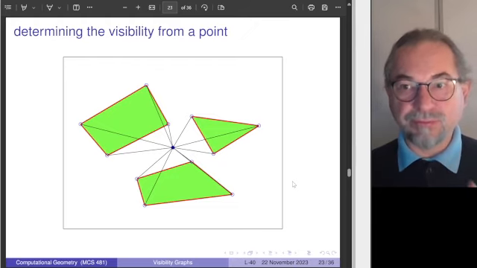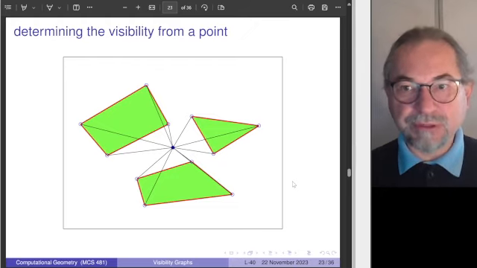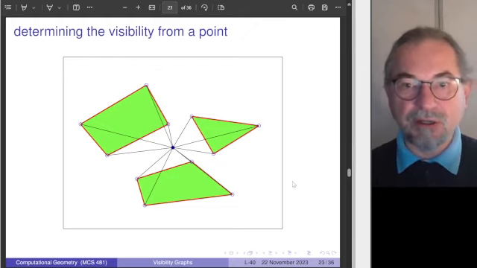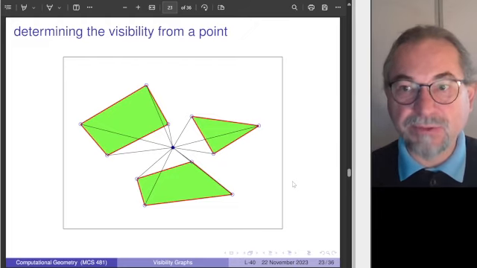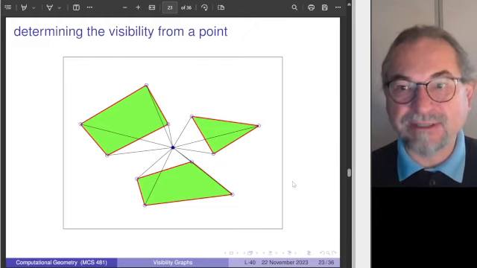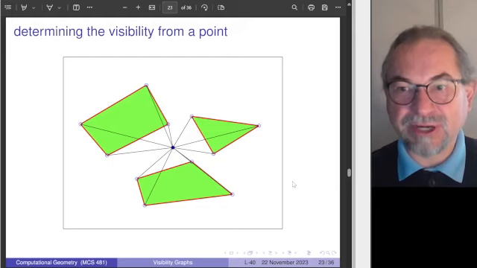To make sure that we understand the problem, what you can do is from your point, you can consider all the line segments to any other vertex points of the obstacles, and then determine whether these line segments intersect the edges. So in the course we have seen the line segment intersection problem.